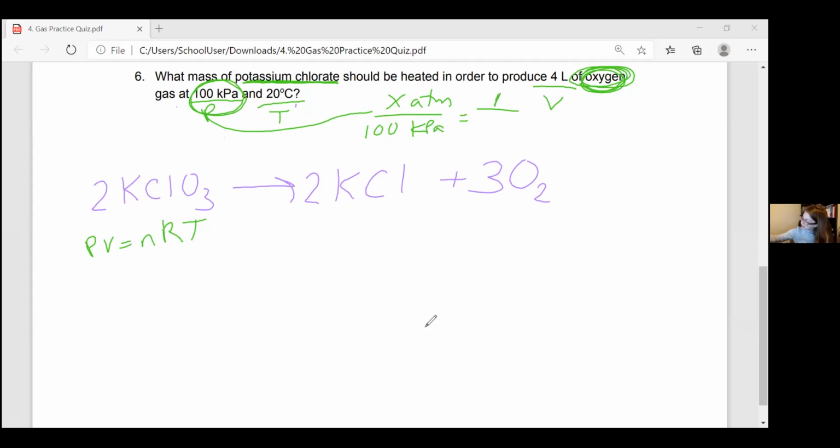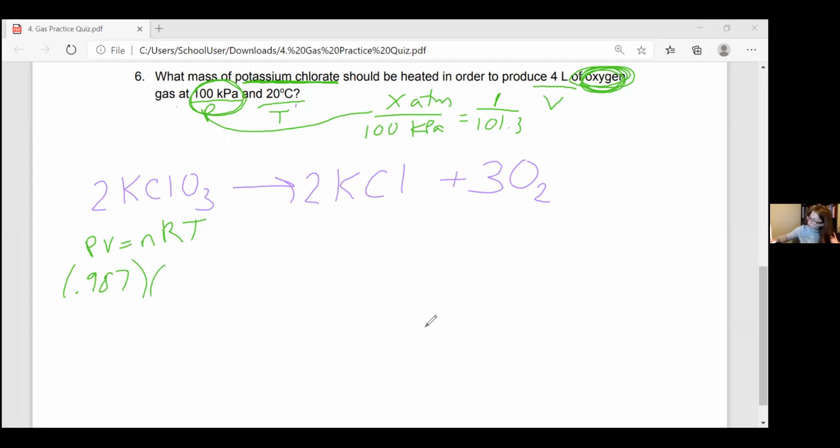So 1 ATM and then 101.3 kPa. So cross multiplying, we end up doing 100 divided by 101.3, and we get a pressure of 0.987. I would not round that to 1 because we know it's not the same thing as 101.3 kPa. So that's my pressure in ATM.